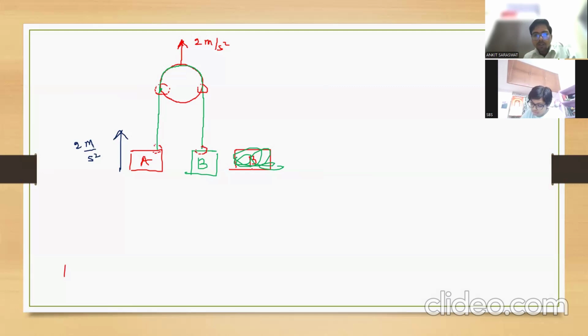Apply the formula. Acceleration of pulley is plus 2. Acceleration of A is 2, so 2 plus 2 is 4, divided by 2. Acceleration of block B is 2 meter per second square.